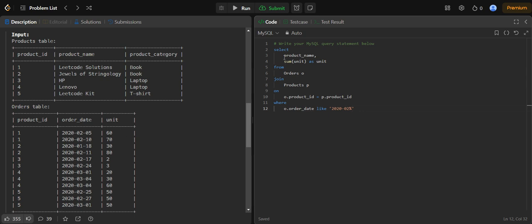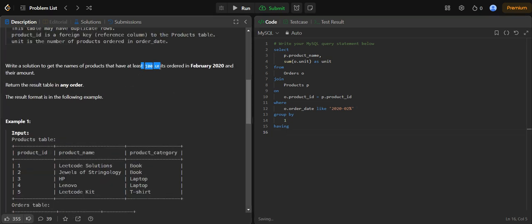And the product name is from which table? Product name is from the P table. Unit is from which table? O table. And since I am doing the sum, I have to do a GROUP BY here. Group by 1, and I have to write the HAVING condition because of the units.